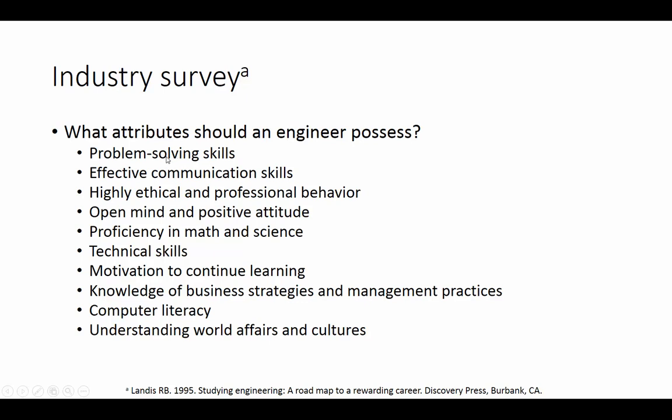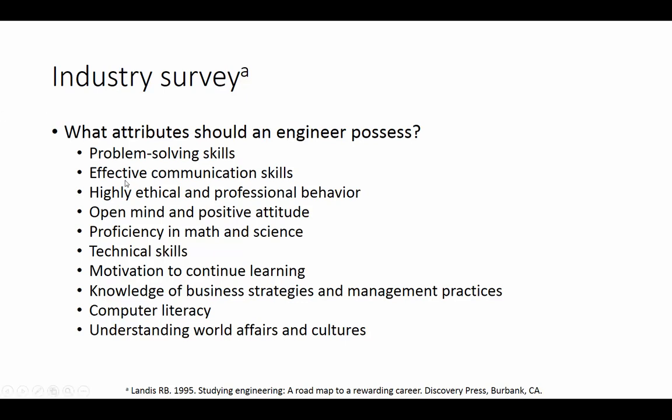Heading the list, of course, you would imagine, an engineer has to have good problem-solving skills. They must be able to identify and define a problem that needs to be solved, develop alternative design solutions for that problem, as well as implement the solution that was finally selected in order to solve that problem.